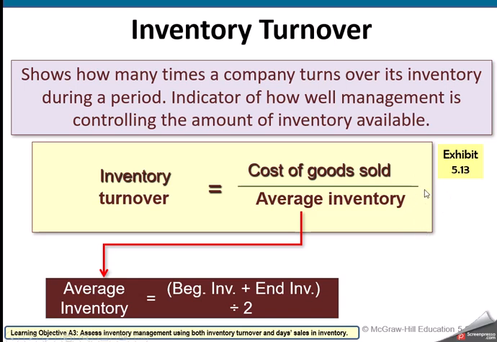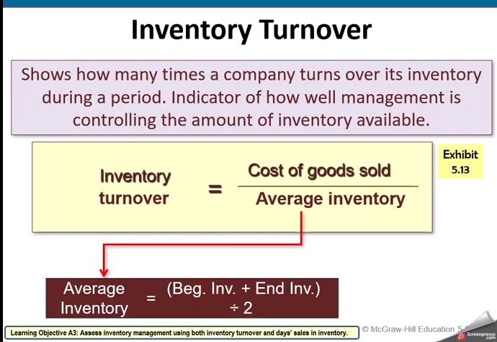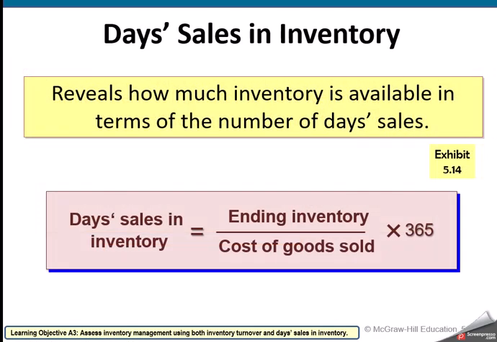So like it might say it turns over 6 times. Then this takes it out of a times and turns it into days. So then if we take that, how I'll do it on the board is I'll take 365 and I divide it by my inventory turnover, and that will turn it into days.